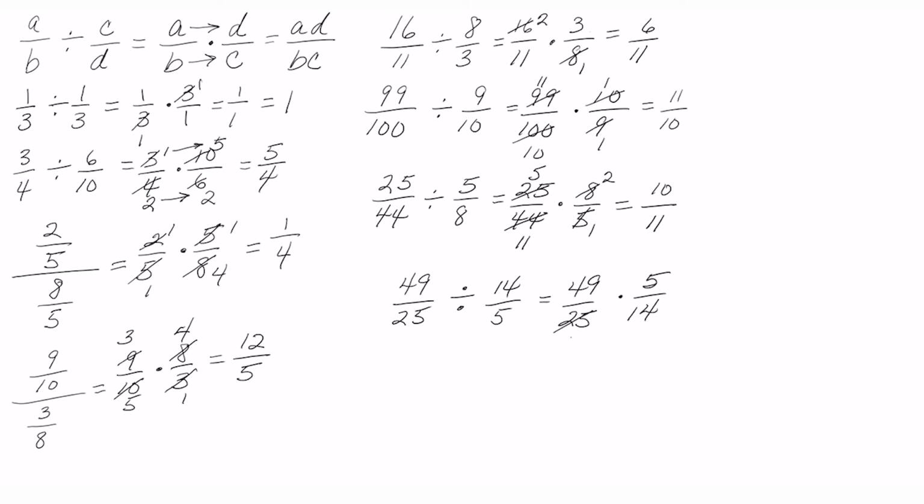Well, let's cancel 5 out of our 25, which will leave us 5. 5 out of our 5, which leaves us 1. Cancel 7 out of our 49, which leaves us 7. Cancel 7 out of 14, which leaves us 2. So our answer is going to be 7 times 1 is 7, over 5 times 2 is 10.